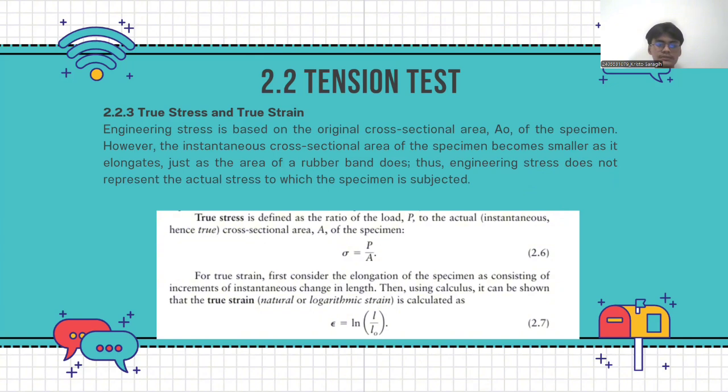For true strain, first consider the length of the specimen as consisting of increments of instantaneous change in length. Then, using calculus, it can be shown that the true strain, or natural or logarithmic strain, is calculated as epsilon = ln(l/l0).